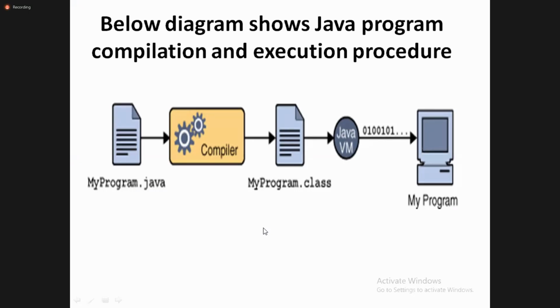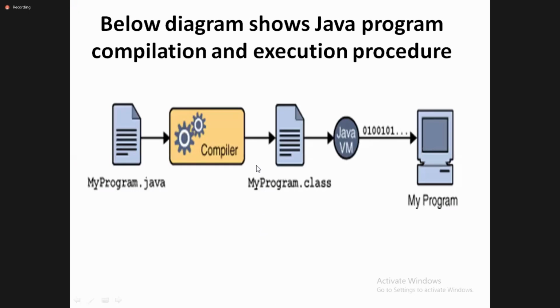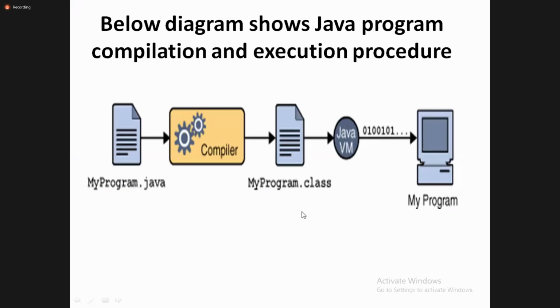I'll maintain one Excel file with your names and track your attendance daily: are you joining the class or not? If you are missing, why are you missing? You need to tell. Are the everyday assignments being completed or not? I will track everything, and for that I need to know your name. Is it clear? Tomorrow I want to see these three or four people come to class with your original names. Good. Thank you.